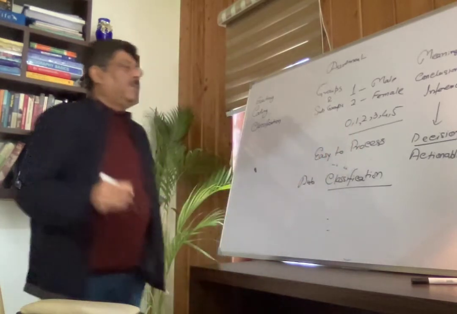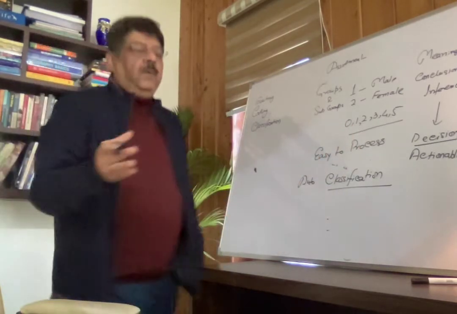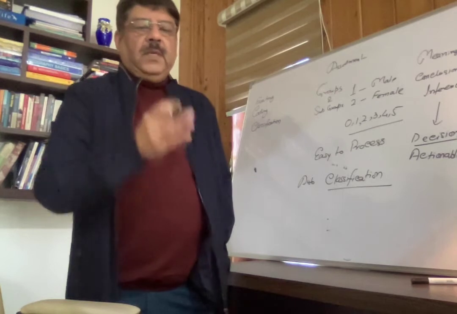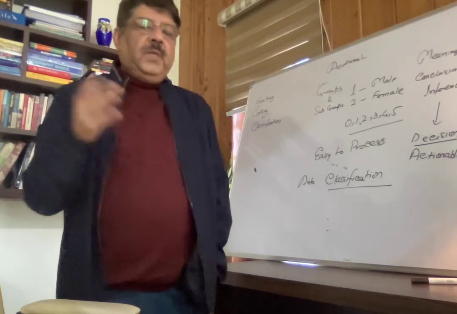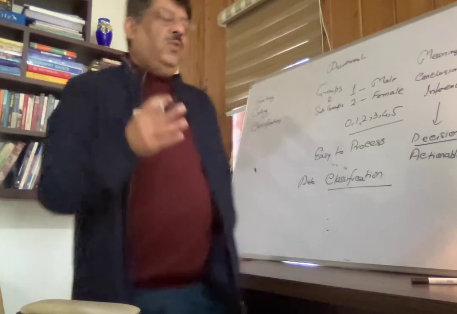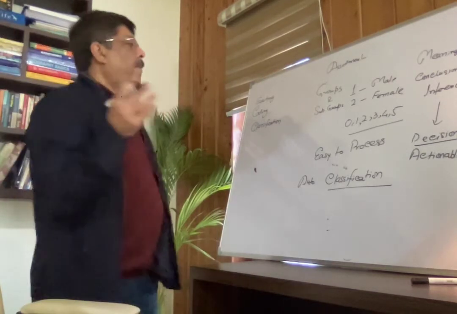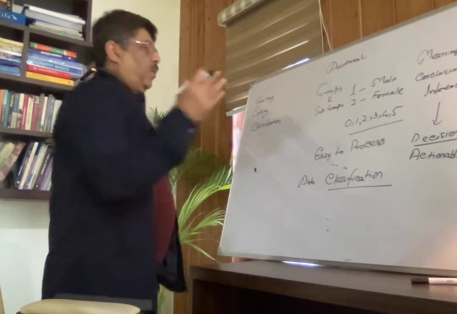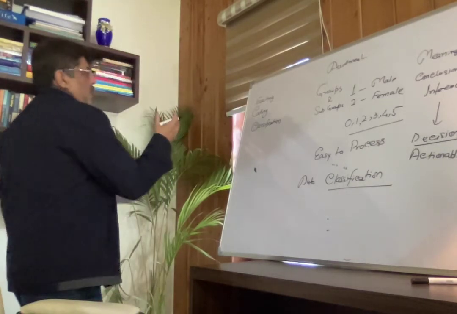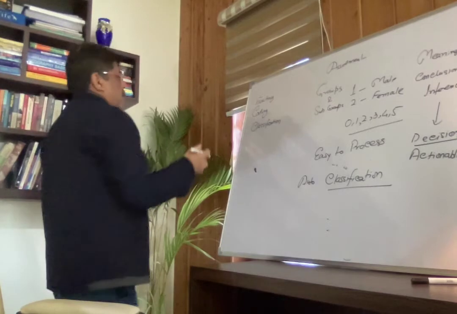Auto classification by the computer is sometimes very good, sometimes we have to correct it. It's not always good. Sometimes it makes more confusion, so we have to take care of that. So classification of data into different groups and subgroups, that is the third process of data processing.